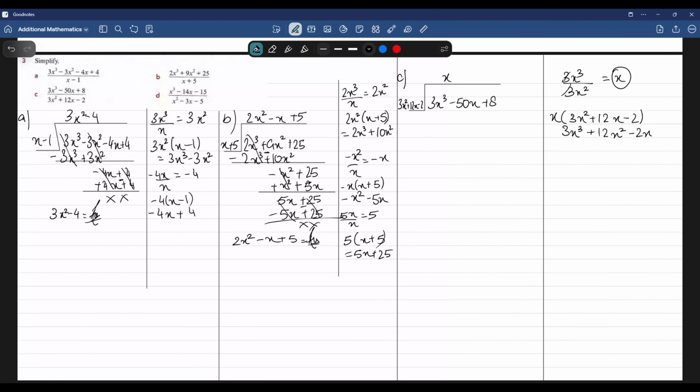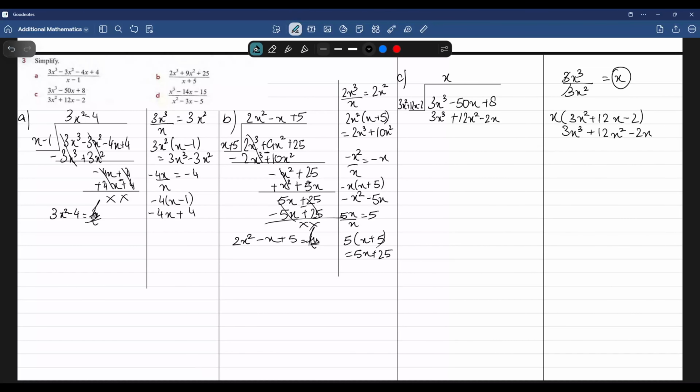Basically, no need to stress, but simply multiply by the whole equation. That's the only difference: instead of linear equations, we multiply quadratic equations. 3x cubed plus 12x squared minus 2x.